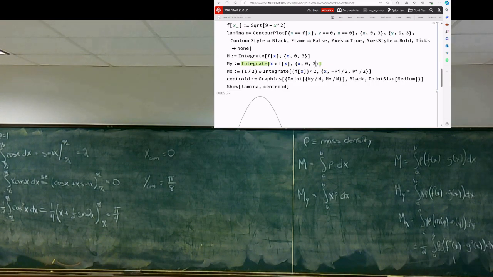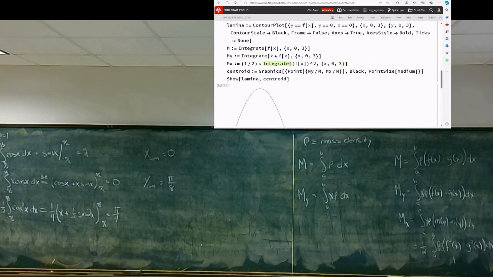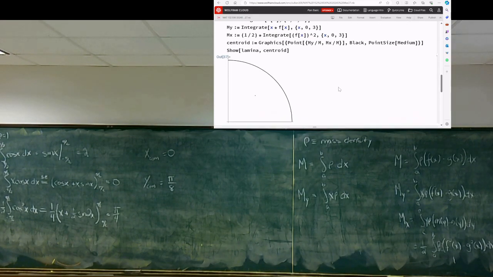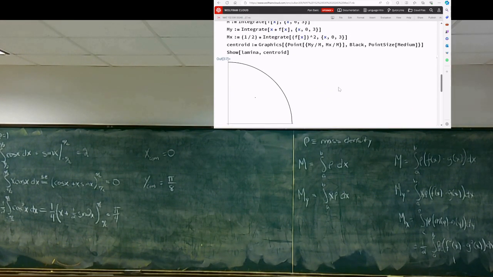And this doesn't change, other than it goes 0 to 3. And I shouldn't have to change anything else. That worked out kind of nicely.